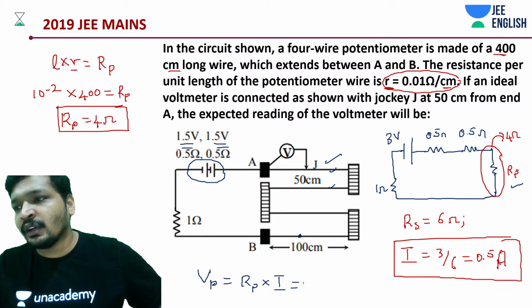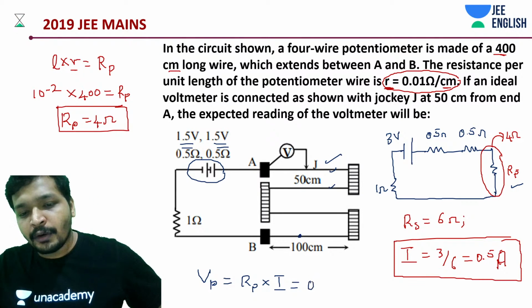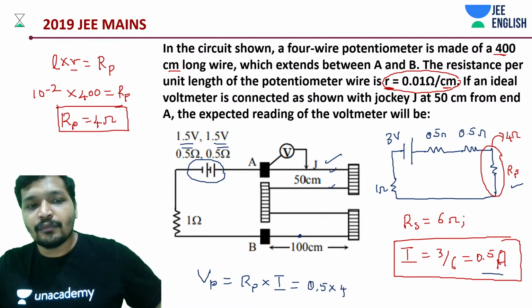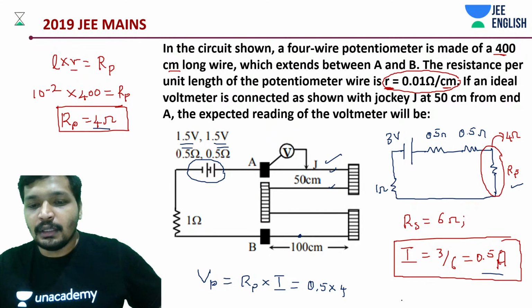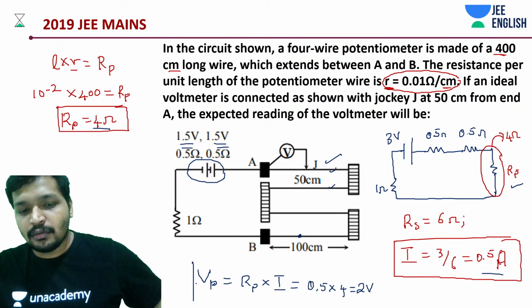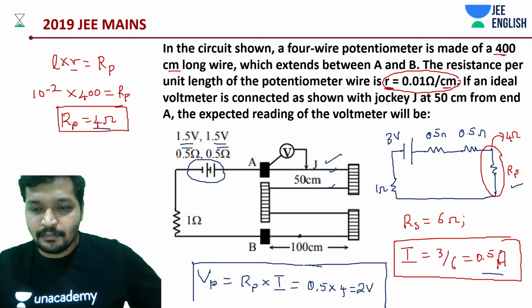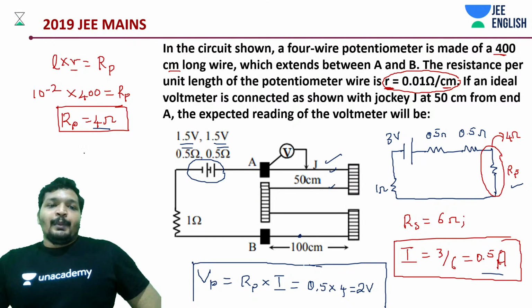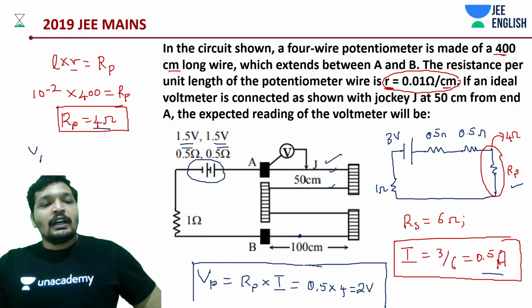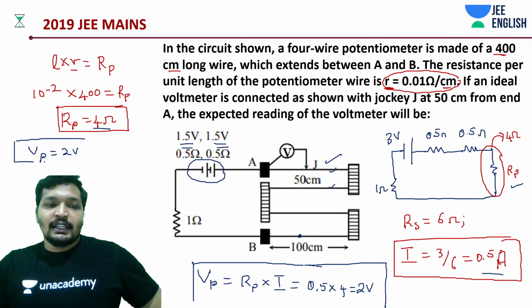This is going to be 0.5 into 4. How much is this? 2 volt. Amazing thing we have got. We have got potentiometer potential to be 2 volt, and now let's get into the next.